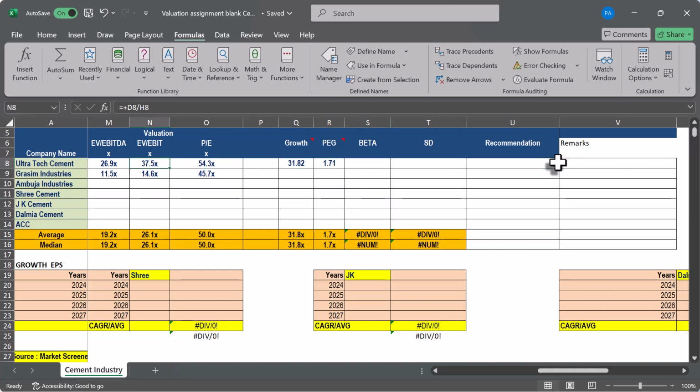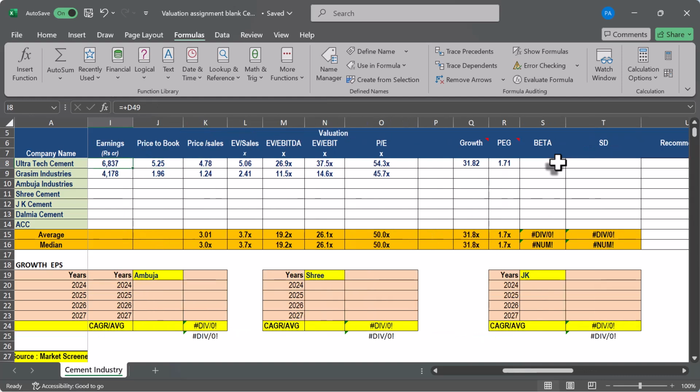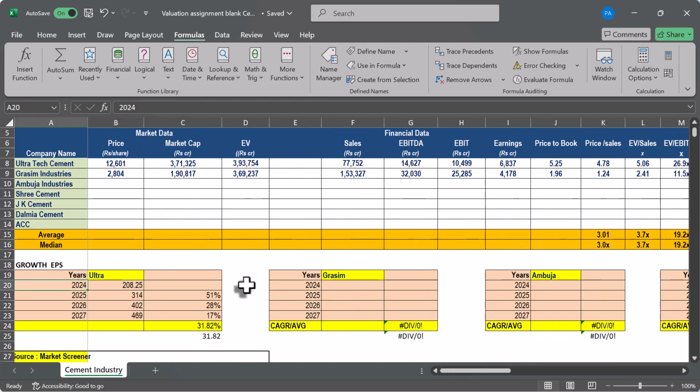Have you followed the growth now? Let's go back to the growth again. How did we arrive at the growth? We went to a site and picked up the earnings per share from the site. Now you will say that we have taken a 3-year average, and the growth is tapering down from 51 to 28 to 17.